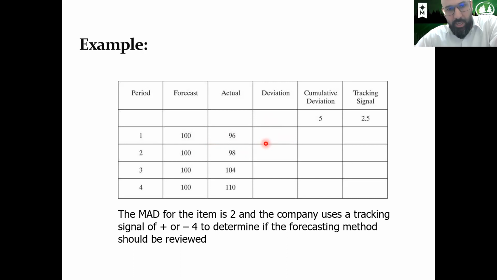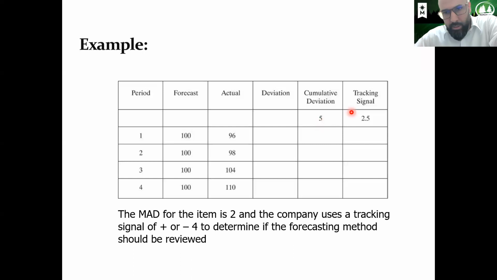I want you to see how far you are from the target. So actual minus the forecast: 96 minus 100 would be minus 4, then minus 2, plus 4, plus 10 here. And then you need to find the cumulative deviation from all these values. Here we started with a 5, which is given to you.